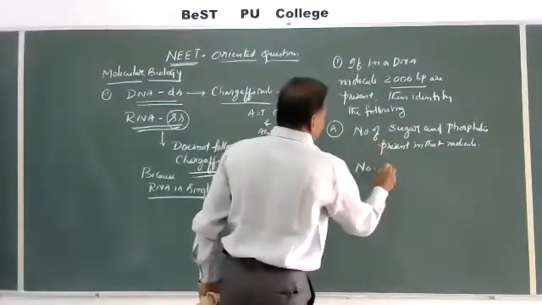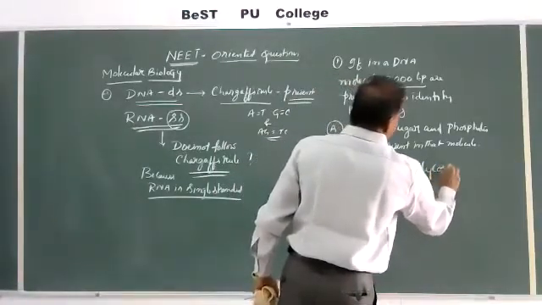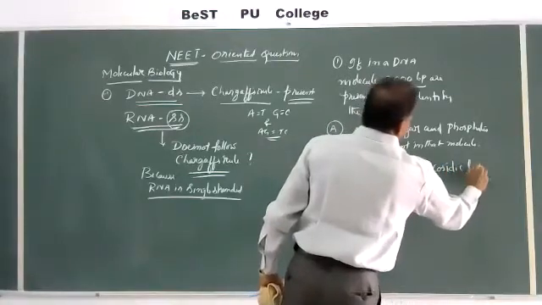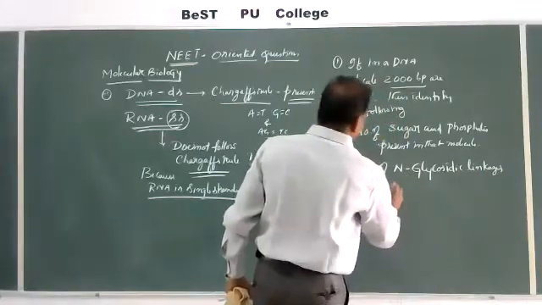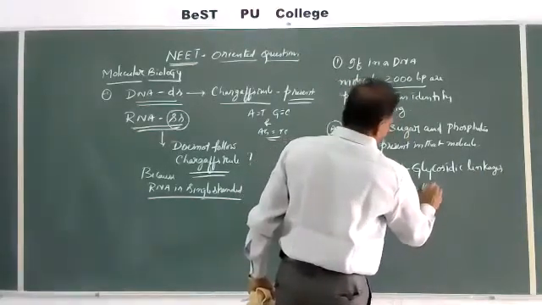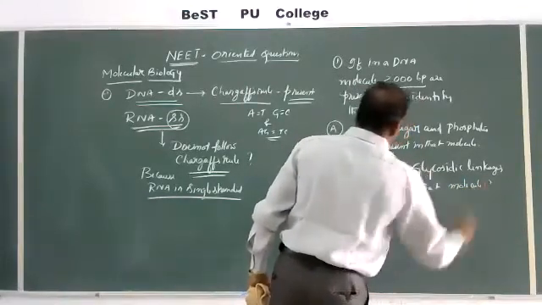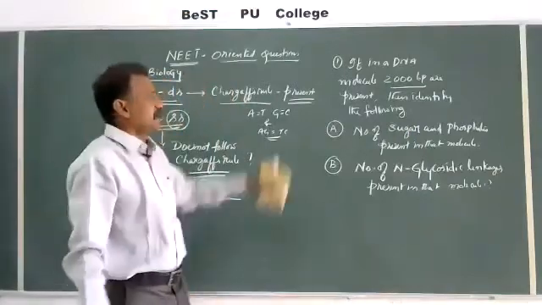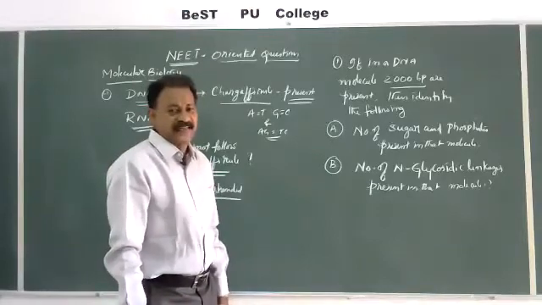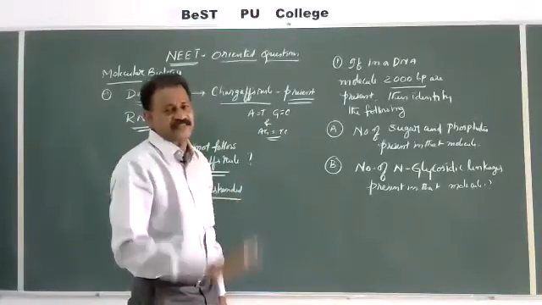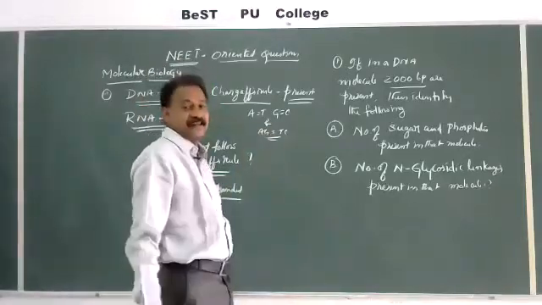Number of N-glycosidic linkages present in that molecule. If in a DNA molecule 2000 base pairs are present, then you have to search for simple answers from whatever you have studied, whatever you have listened to, whatever you have practiced already.